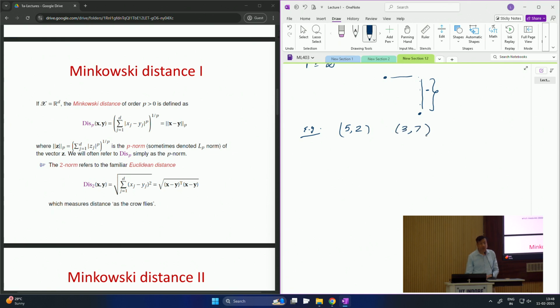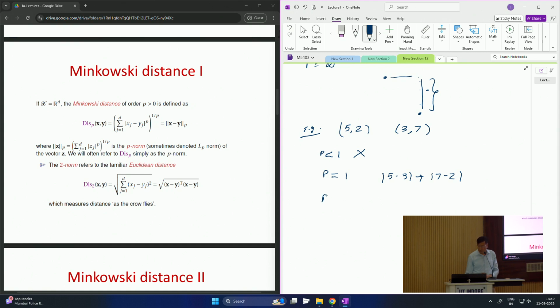Okay, so now which dimension? If I have to find P less than 1, I'm ignoring it because it's not even a distance metric, so I'll not even go there. If P is equal to 1, this difference will be 5 minus 3 plus 7 minus 2. Correct? Both the differences are given equal weightage.